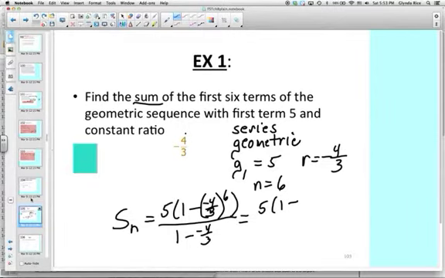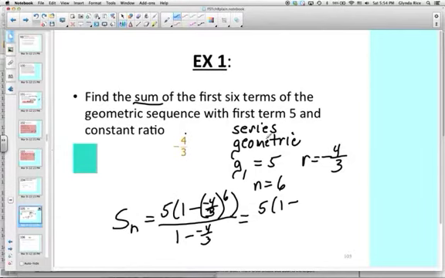So, hopefully you worked on this while I was getting my calculator. Okay, so we need -4 divided by 3 to the 6th power.